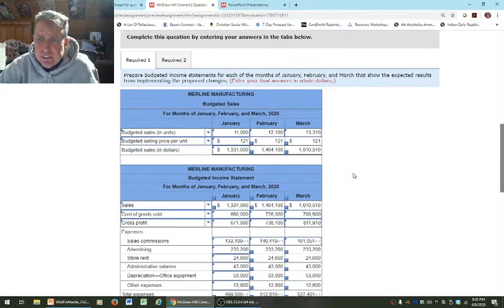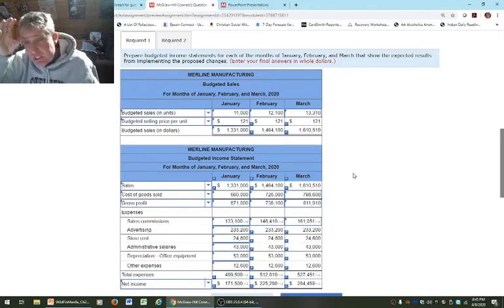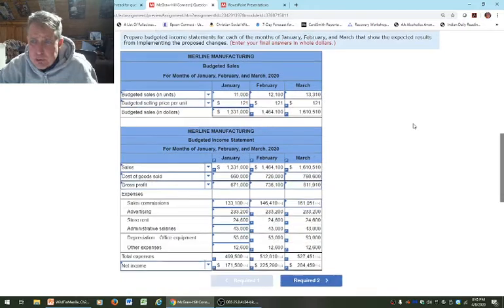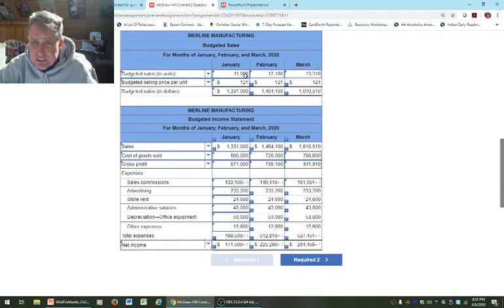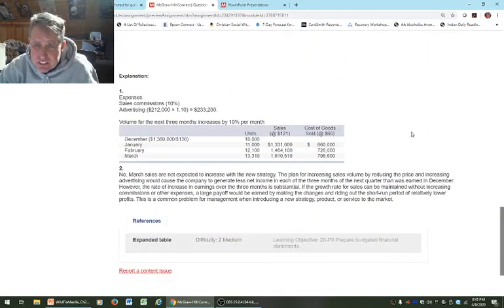So this one is a budgeted income statement for each of the months in January, February, March. That gives you expected results from implementing proposed changes. So they got this sales in units, January, February, March, and then it gets you to do some calculations on changes. Here they are.